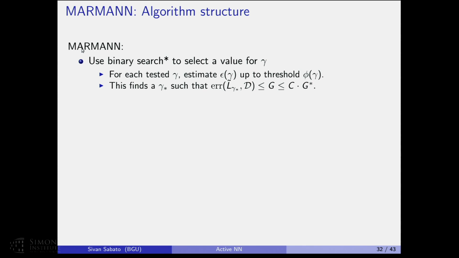Using this procedure, we can find a gamma star, which is a correct scale in the sense that it is a scale that will get us up to a constant away from the best accuracy that one can achieve. And this entire process of model selection costs us about 1/g labels.